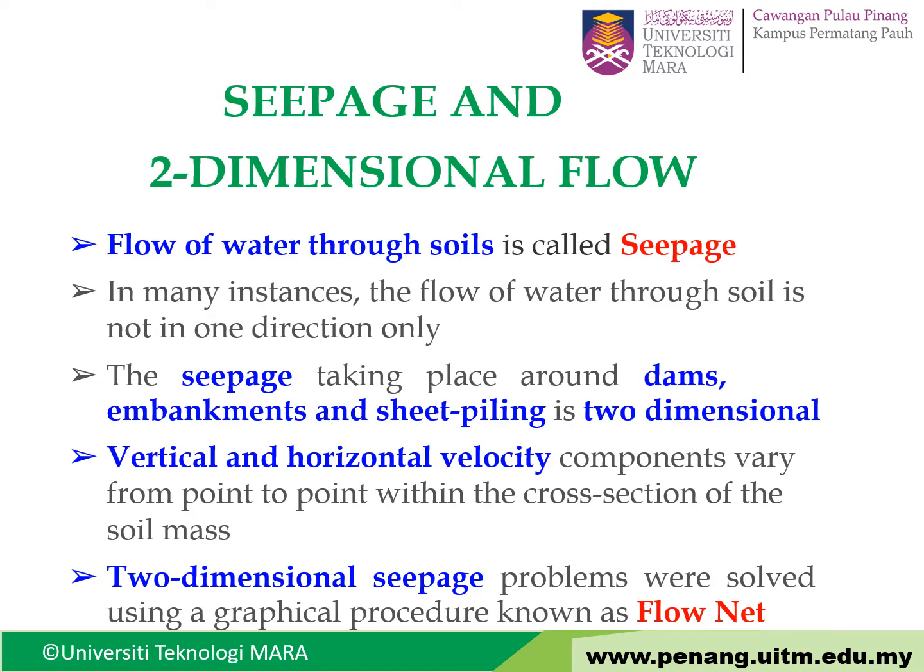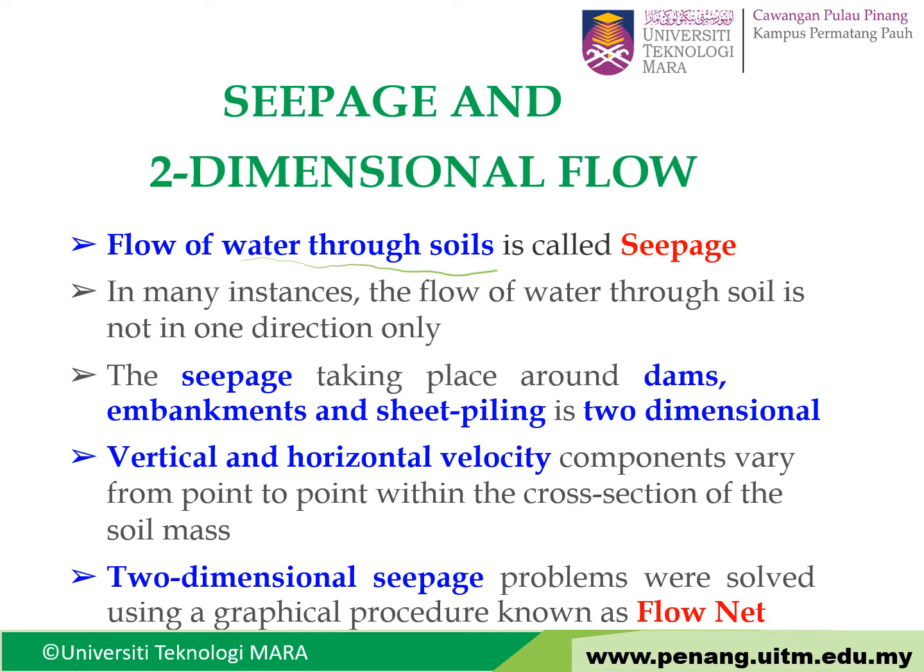Alright guys, now we go for the seepage and two-dimensional flow. Flow of water through soil is called seepage. In many instances, the flow of water through soil is not in one direction only. The seepage taking place around dams, embankment, and sheet piling is two-dimensional.